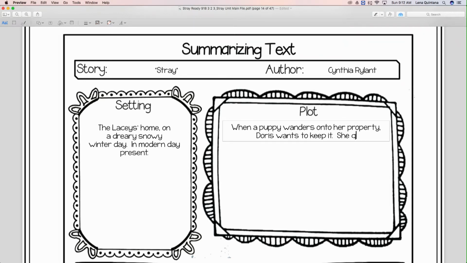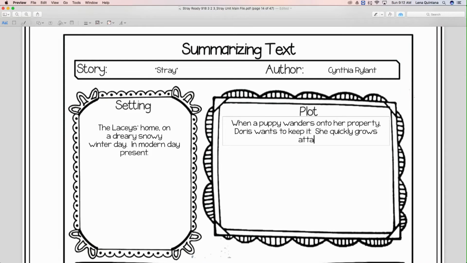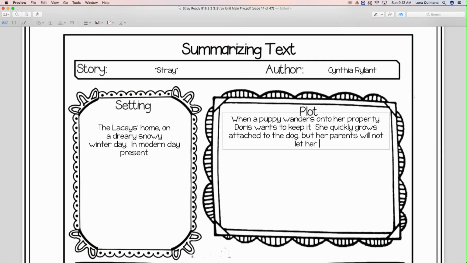She quickly grows attached to the dog, which of course is easy to do. Doggies are awesome. But her parents will not let her keep it. Okay, so make sure you have that written there.